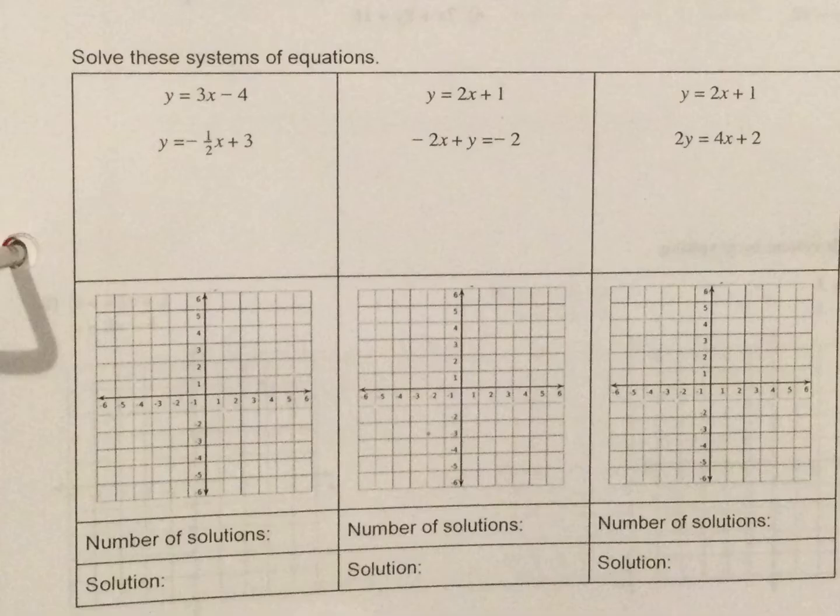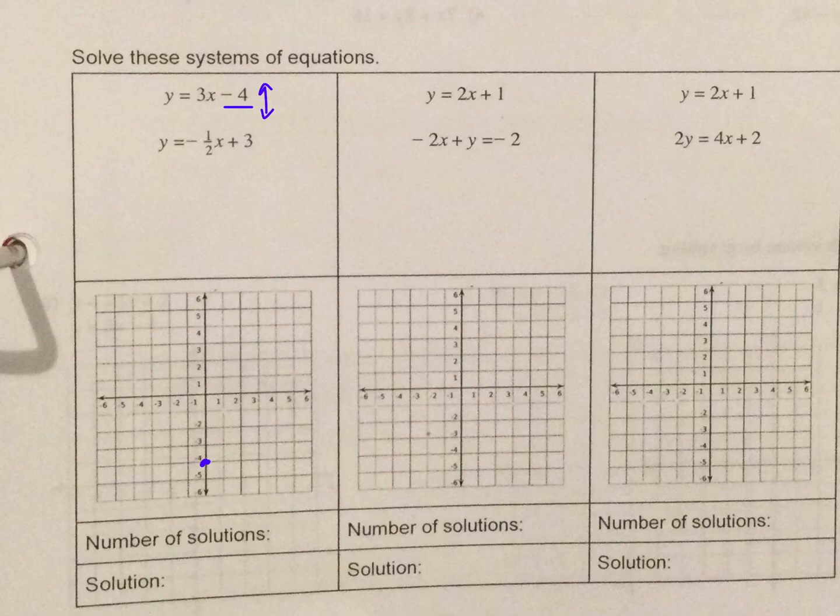Alright, in this first one here, we're in luck because it's in y equals mx plus b already. That is great news. So I'm going to look at the top equation. The first thing I'm going to plot is my b. I'm going to go up or down. So it's at -4. So I put a dot on -4.